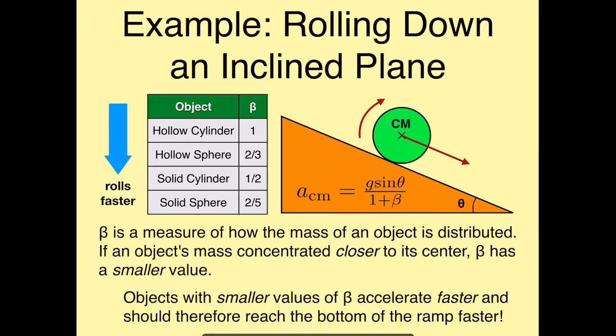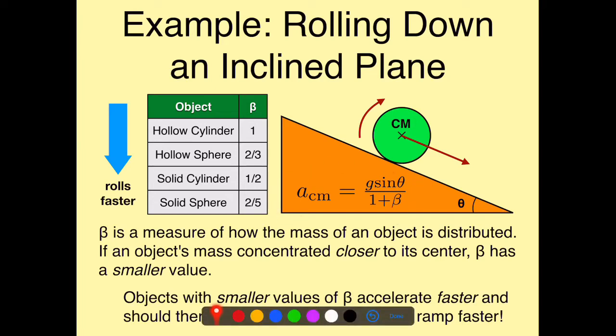Okay, so let's take a closer look at the result we derived and try to understand what it means intuitively. So we have ACM is equal to g sine theta over 1 plus beta. And that number beta is a constant. It appears in the moment of inertia formula. And different shapes are going to have different values of beta. But notice what the formula is telling us.